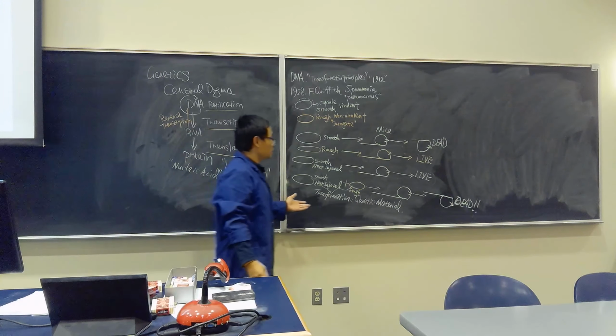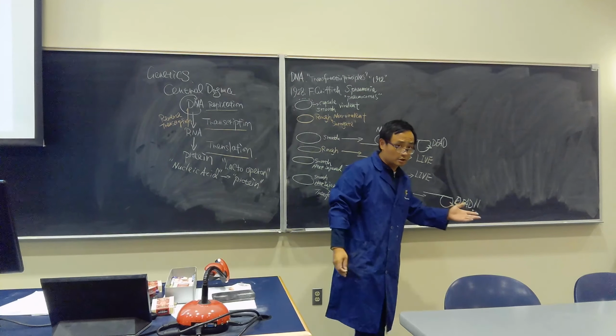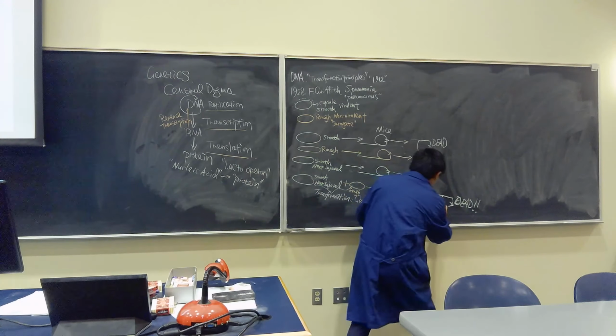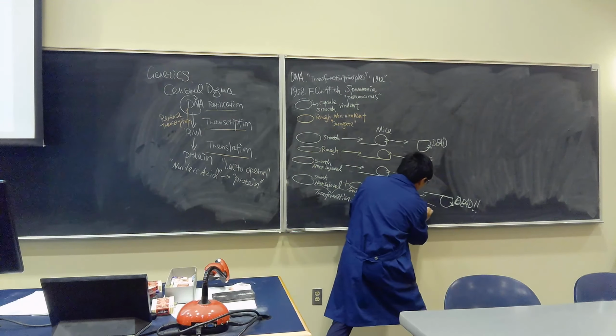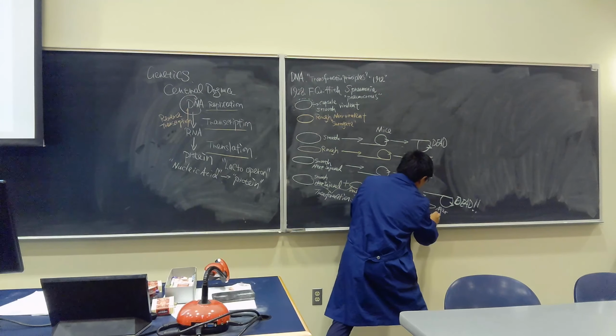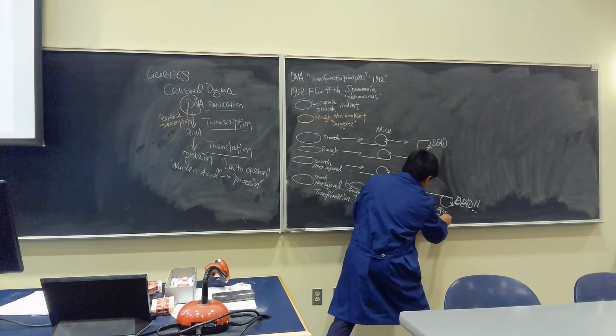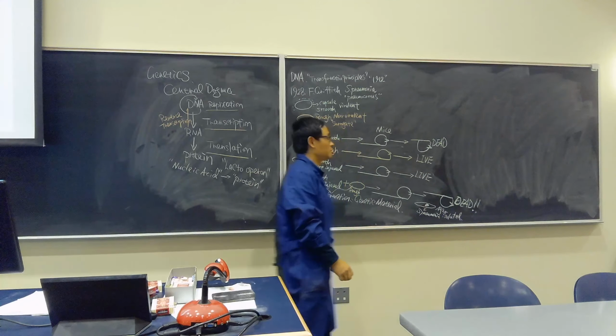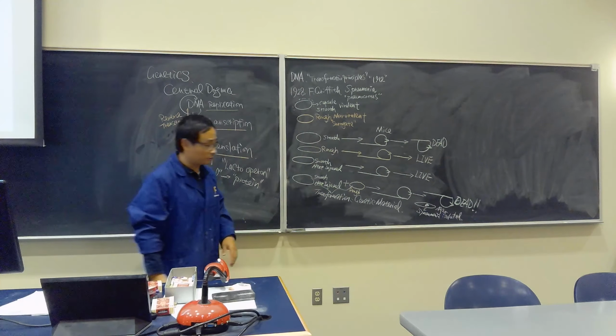And I tell you one thing, same as our Koch postulate, he even isolated Streptococcus pneumoniae from the dead mouse. So that means this experiment is successful based on the Koch postulate.